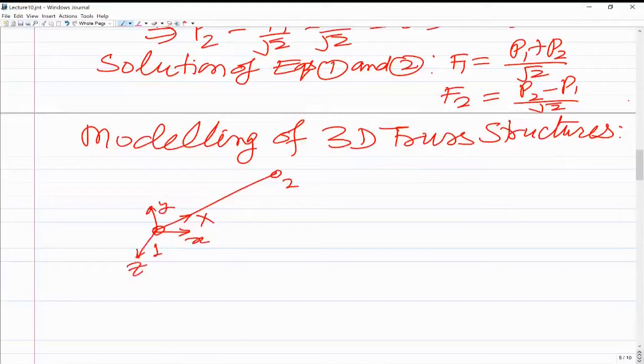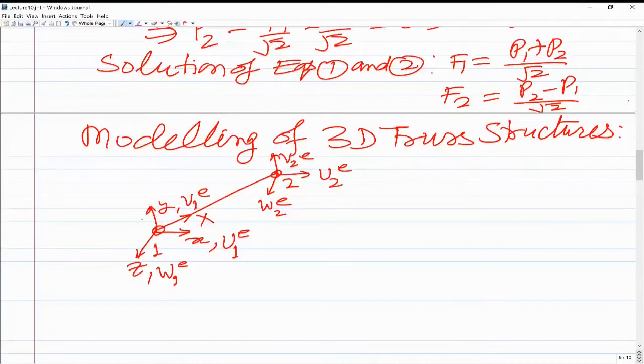The displacements along the global coordinate axes are u1e along x, v1e along y, and w1e along z at the first node, and similarly at the second node we will have u2e, v2e along the y direction, and w2e along the z direction.